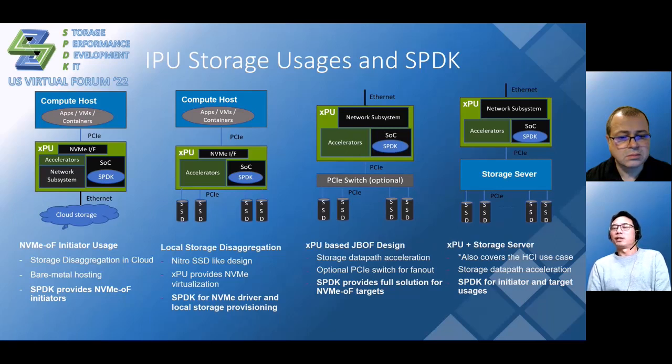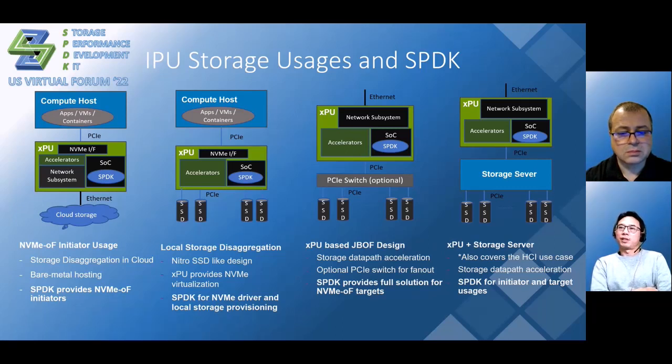The third picture is basically using the XPU to build a storage server. Often it's a simple storage server, so we use JBOF as the terminology to describe this kind of design, which is basically just a bunch of flash drives. So you basically see the XPU becomes a standalone server in this use case and has SSDs attached to it.